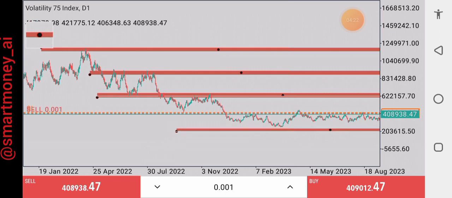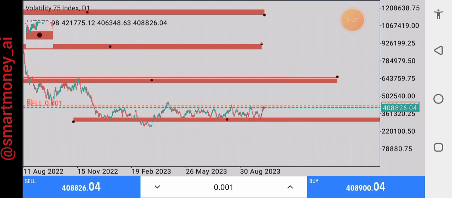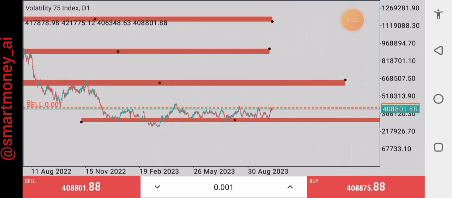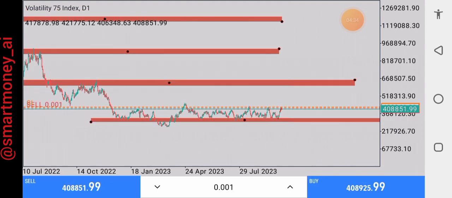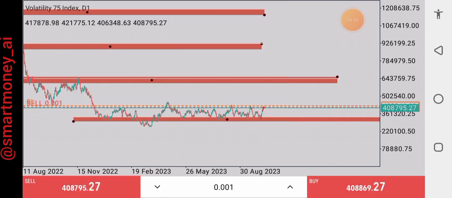So I think price is just down for a retest and then it will shoot up, right? So this is on the daily time frame. You actually need to mark all the resistance and supports you will see.